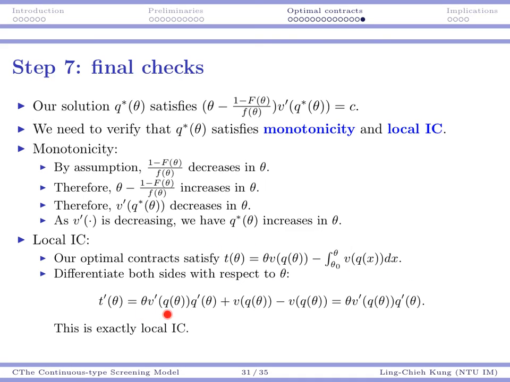Here you need to apply the chain rule, and here if you take the derivative, you will get just v of q theta because of the fundamental theorem of calculus. And then this cancels that. You really get this and that, okay, which is exactly your local IC. That means for any Q, if you always set your T in this way, then local IC is fine.